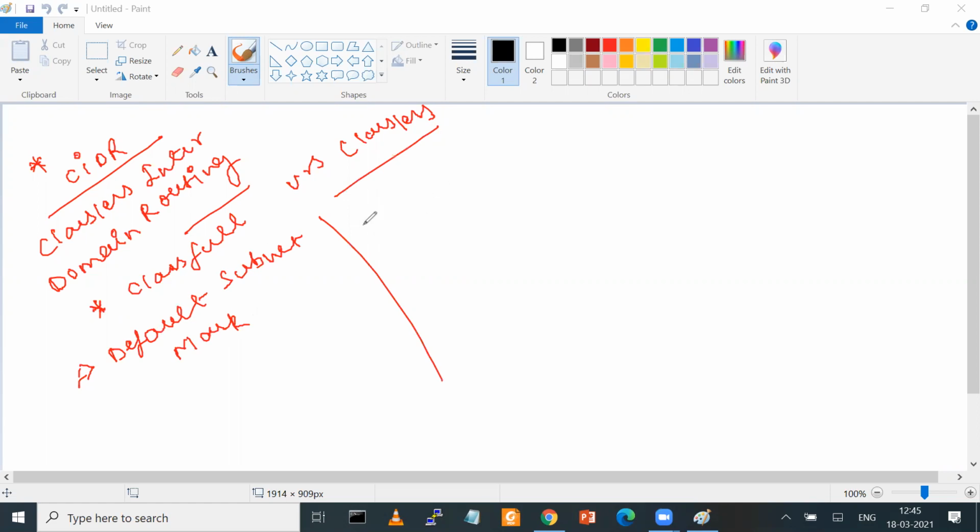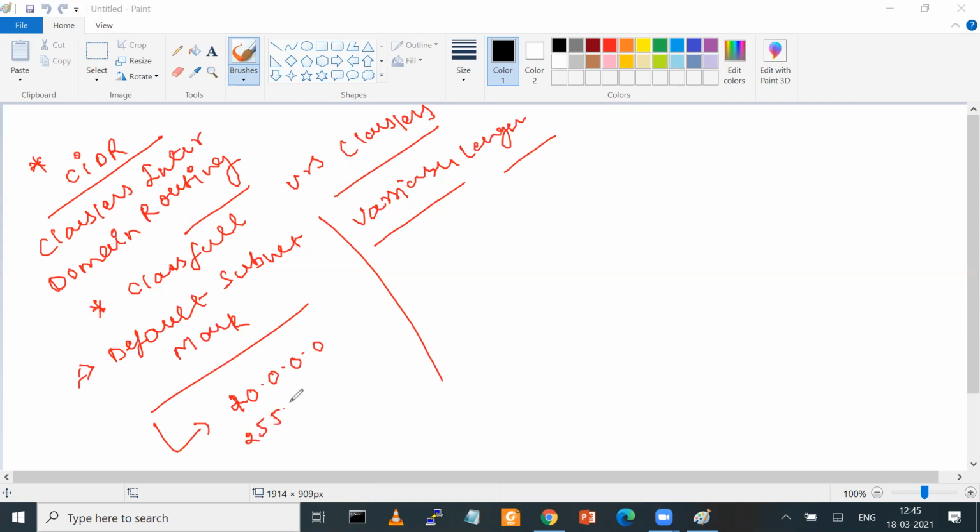Classless can use a variable subnet mask, so there is no restriction on the subnet mask in the case of classless. But classful addresses always have the default subnet mask. Let's say I write a class A IP address, 10.0.0.0, the subnet mask would be only 255.0.0.0.